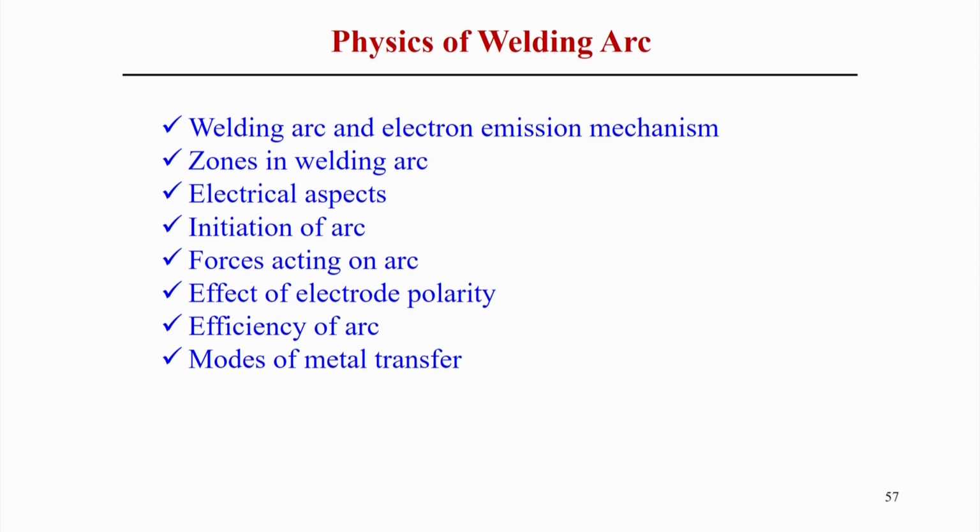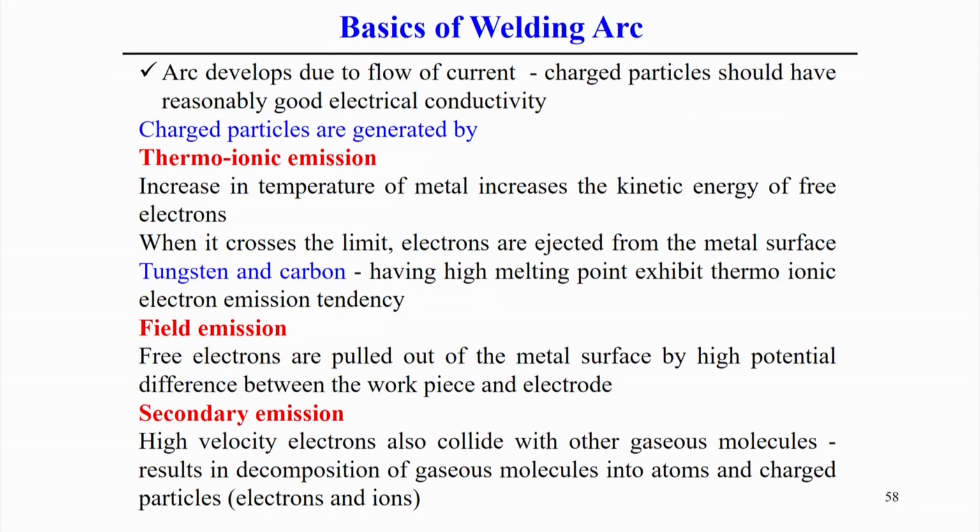These are the typical topics related to the physics of the welding arc we will try to cover in this module. So, here first we start with the basics of the welding arc.